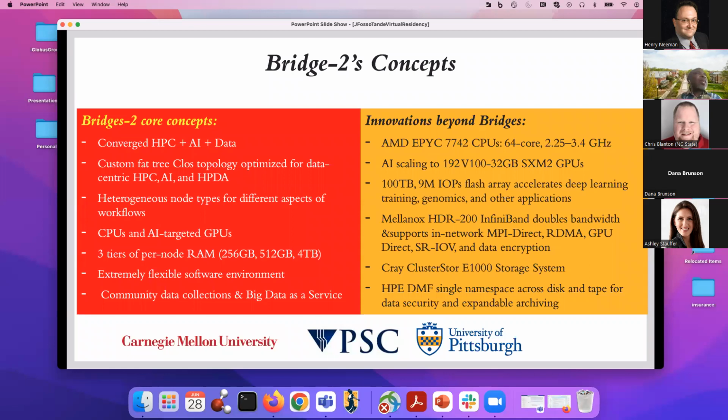So you have heterogeneous node types for different aspects of workflows, CPUs, and AI-targeted GPUs, 3 tiers of per node RAM, 256 gigabyte, 512 gigabyte, and of course, the very big one, the 4 terabyte memory. You have extremely flexible software environment, community data collection, and big data as a service. So it has a number of innovations beyond Bridges, as we saw in the previous slide, especially the AMD EPYC processors with very fast compute capabilities.